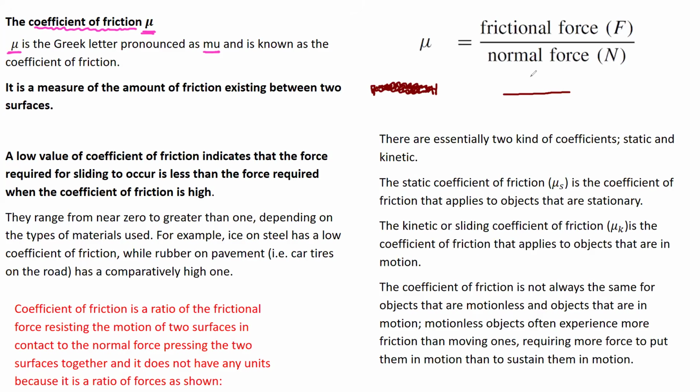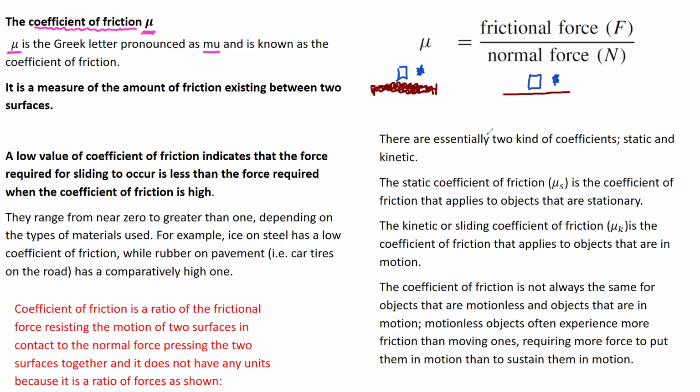Same object, different surface. This object here will experience less friction than this object. This object will slide with less force, or less force is required to slide it, as compared to this one here. In other words, the coefficients of friction of these two objects on these two different surfaces are different.